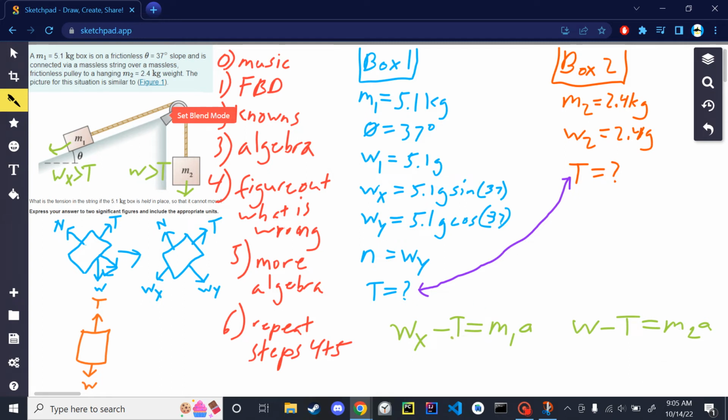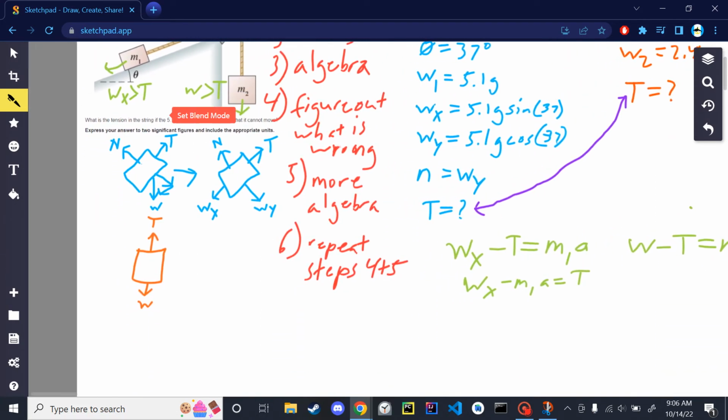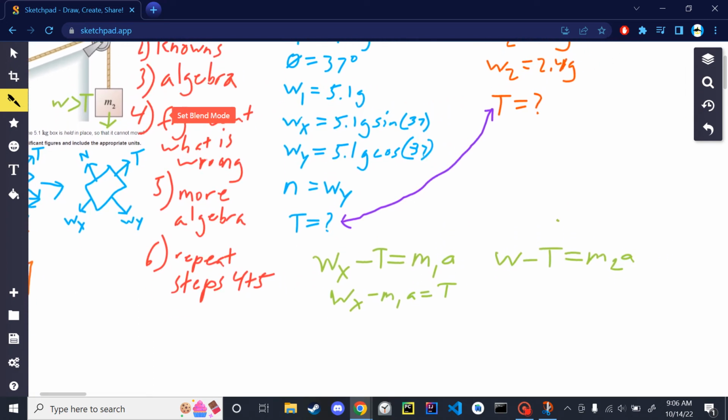So that means that Wx minus m1 a, acceleration, is equal to tension. And if that, then plug that in.